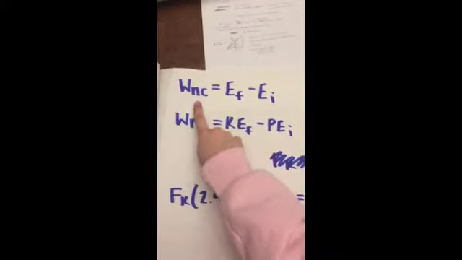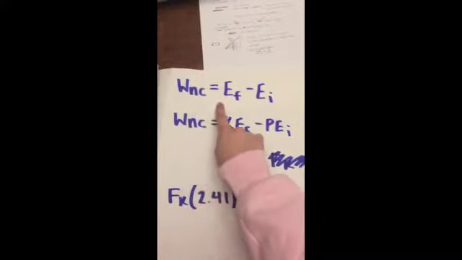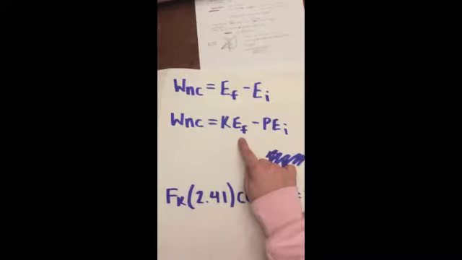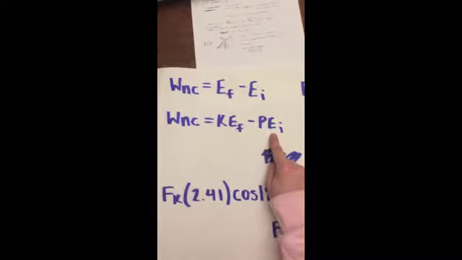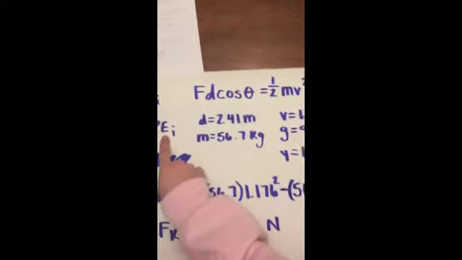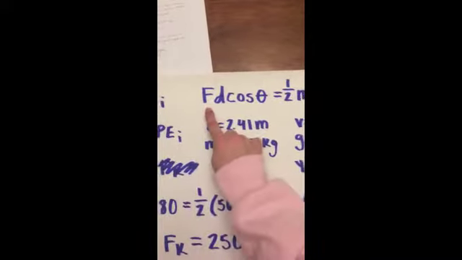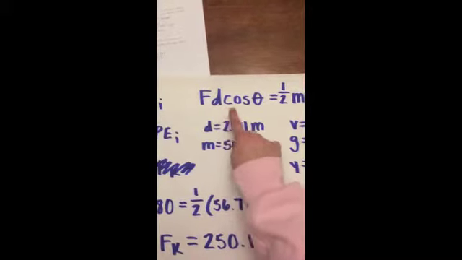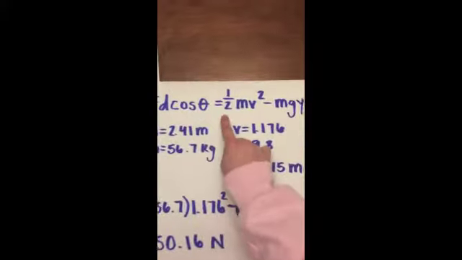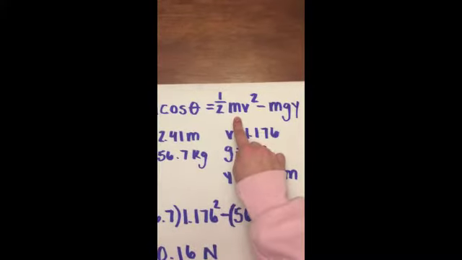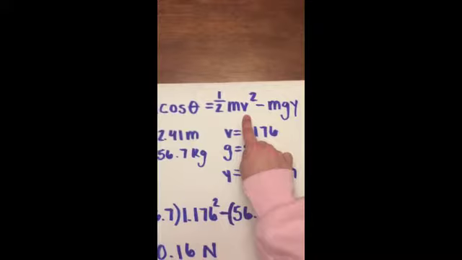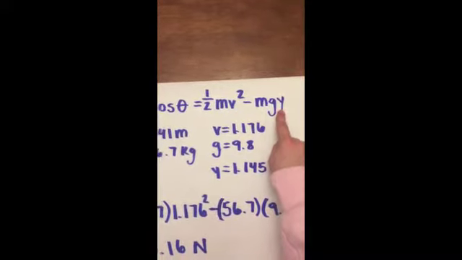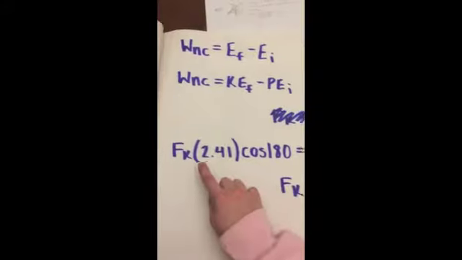To find the force of kinetic friction, we'll be using energy concepts. We'll be using the equation work of non-conservative forces equals energy final minus energy initial. Our energy final is kinetic energy. Our initial energy is all potential. Our final equation will be force of kinetic friction times the distance, which is the length of the slide, times cosine theta, equals 1/2 m v squared, mass times final velocity squared, minus mass times a constant g times the height of the slide.